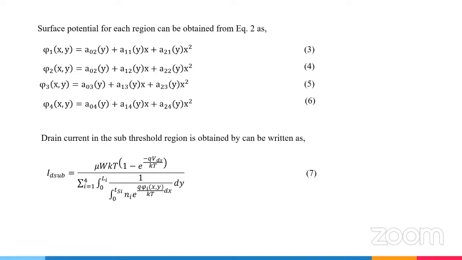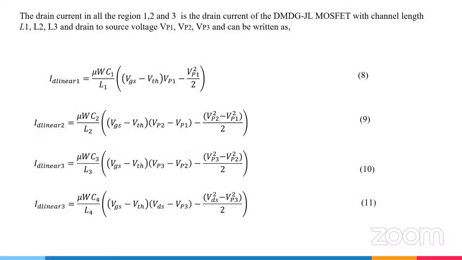I have used this sub-threshold equation as ID sub, and for the linear region, I have used the ID linear current that is easily used by everyone. So these are the linear current profiles in every region, like ID linear 1, ID linear 2, ID linear 3.